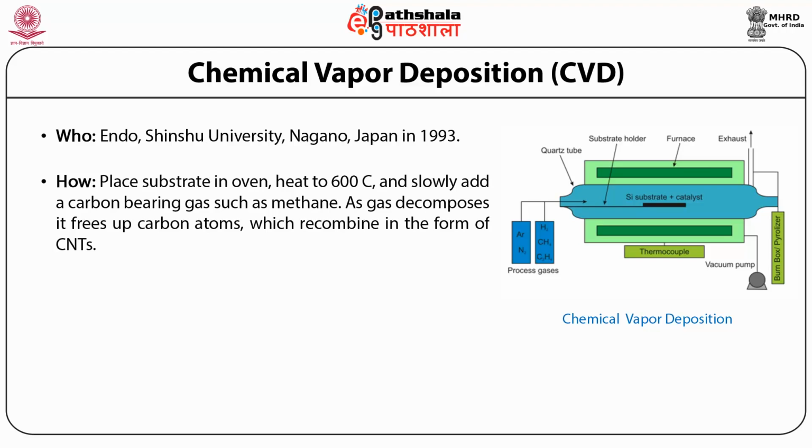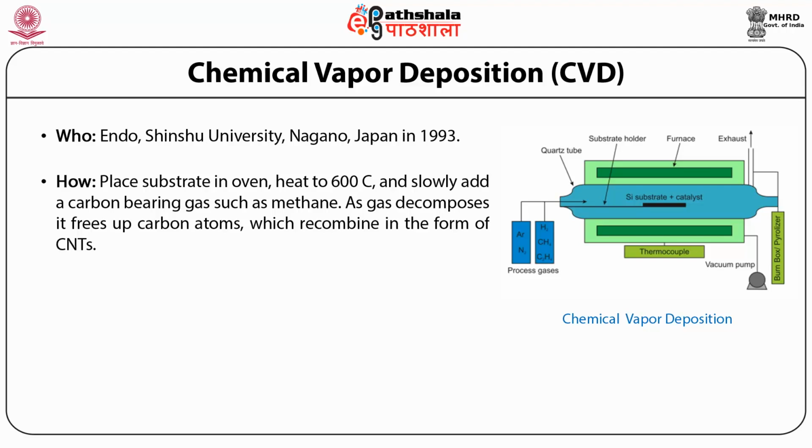He put a substrate in an oven, heated it up to 600 to 900 degrees Celsius, and slowly passed a carbon bearing gas such as methane. The carrier gas can be argon or nitrogen. As the gas decomposes freely into carbon atoms, they recombine and form CNT.